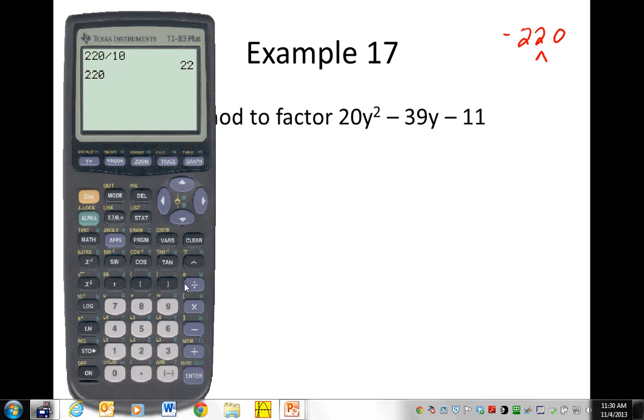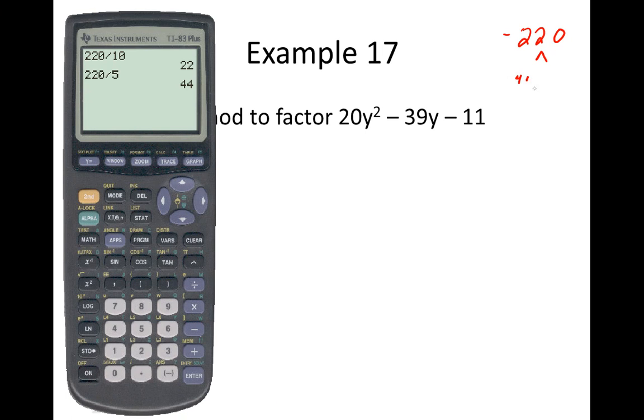220 divided by 5, 44. 5 and 44, yeah, that's going to do it, right? So we have 44 and 5, and this is going to work out if the 44 is negative and the 5 is positive. So 20y squared minus 44y plus 5y minus 11.